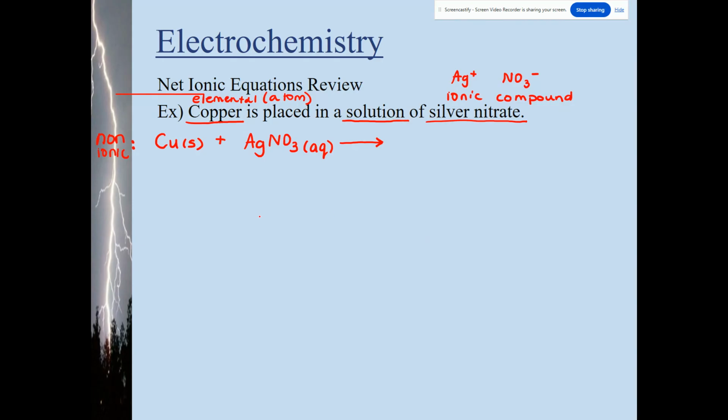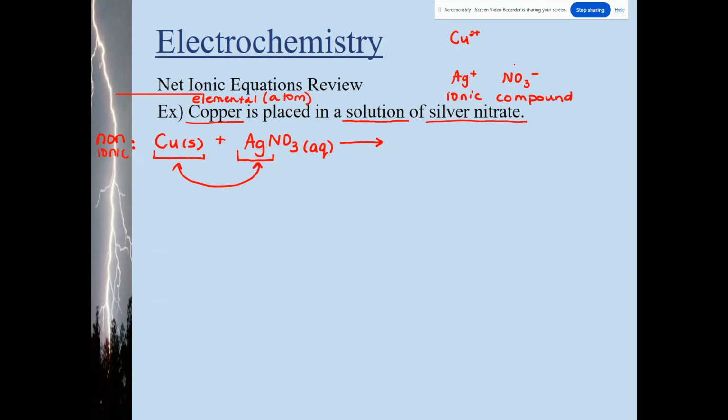Now, in a single replacement reaction, whatever element is by itself, in this case a metal, is going to switch with the same type of element in the compound. So copper is going to switch with silver, okay? Now, copper as an ion is multivalent. It could have a 2+ charge or a 1+ charge. If the question doesn't tell you which charge to use, you look at the periodic table and use the first charge listed, which for copper is a 2+.